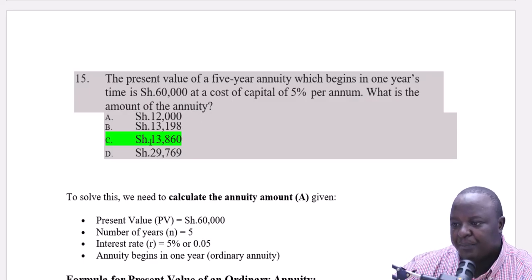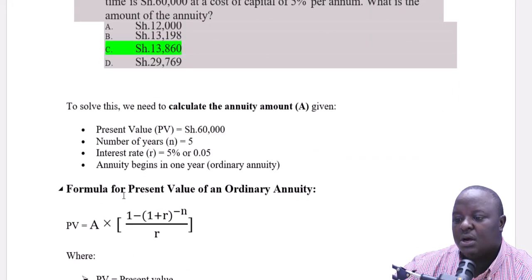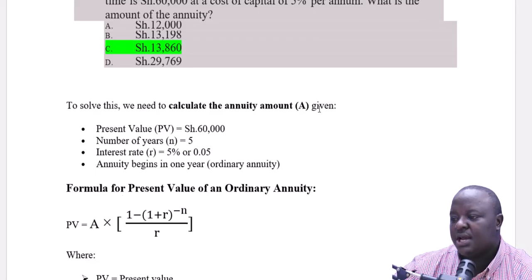Now here, to solve this, we need to calculate the annuity amount, given that the present value is 60,000, the number of years is 5 years, the interest rate is 5%, and the annuity begins in 1 year. That is the ordinary annuity.